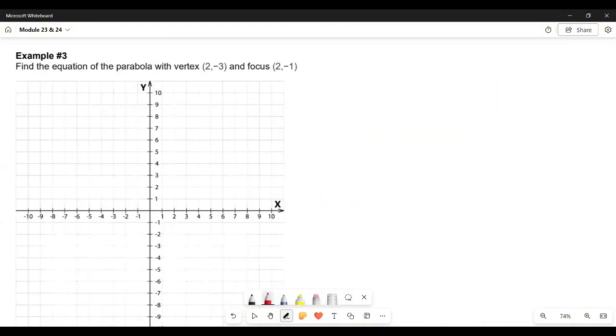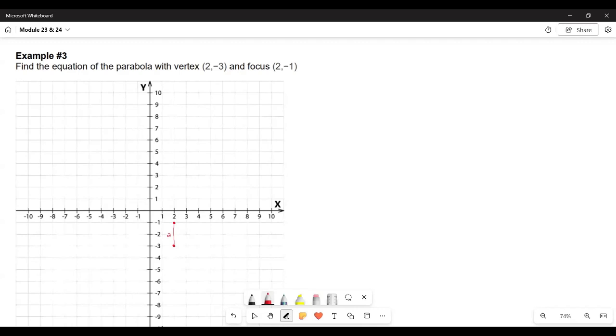So here in our example number 3, binigyan tayo ng vertex which nagpo-fall sa 2, -3. So nandito siya. So binigyan din tayo ng focus which is 2, -1. Then magpo-fall dito. So going back to our directrix focus form na diniscuss ko kanina, itong part na to is yung A. Okay?